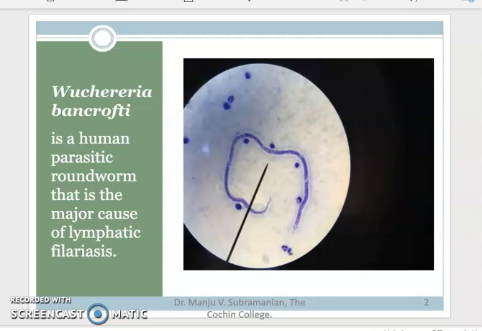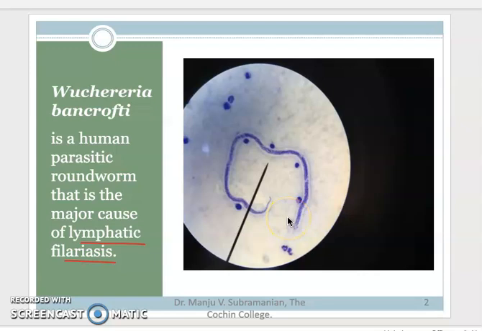Wuchereria bancrofti is a human parasitic roundworm, a major cause of lymphatic filariasis. So you just make a note of this. It is a filarial lymphatic worm, a major cause of lymphatic filariasis.